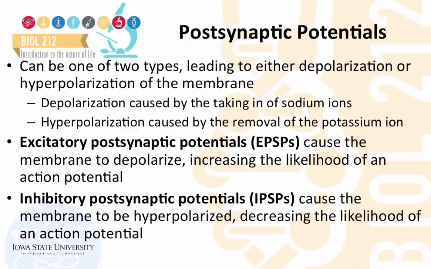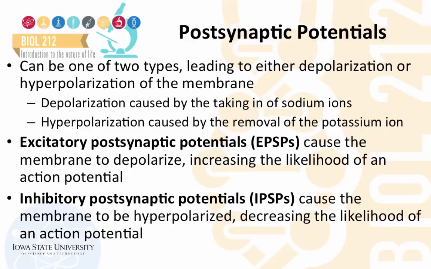These changes in membrane potential can be one of two types, leading either to the depolarization or hyperpolarization of the membrane. Depolarization results from an influx of sodium ions, whereas hyperpolarization results from the efflux of potassium ions from the cell.